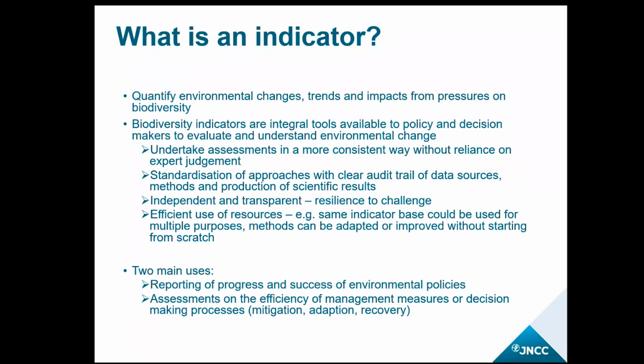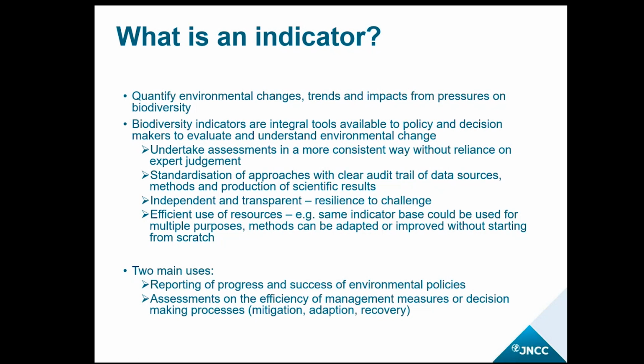They allow assessments to be undertaken in a more consistent way without necessarily relying on expert judgment. And they allow approaches to be standardized with a clear audit trail of data sources, methods, and production of scientific results. They allow the assessment process to be independent and transparent.